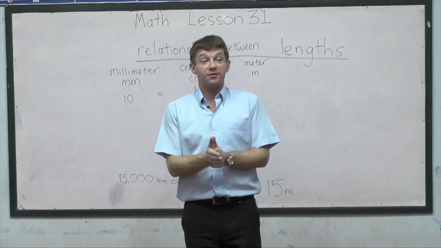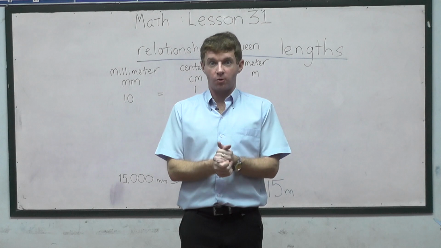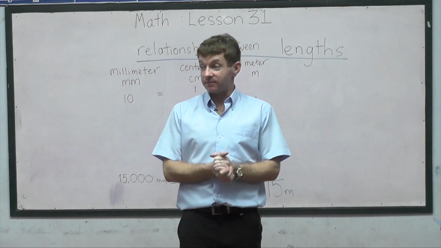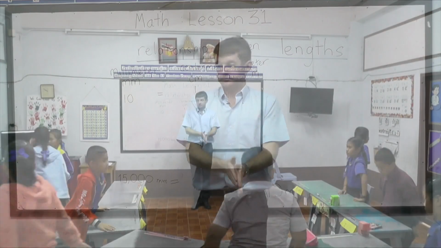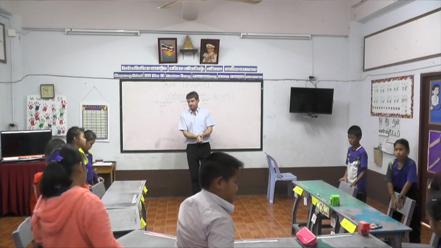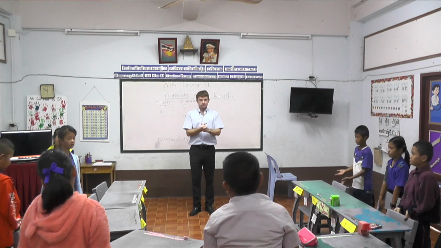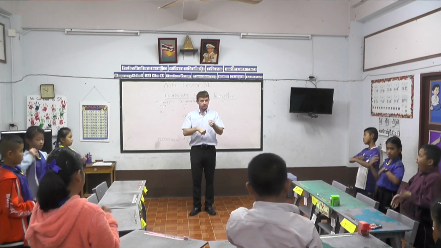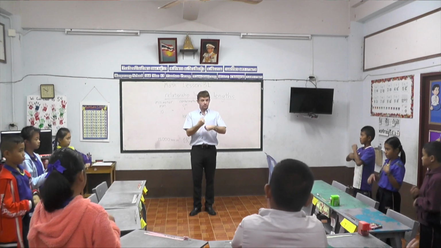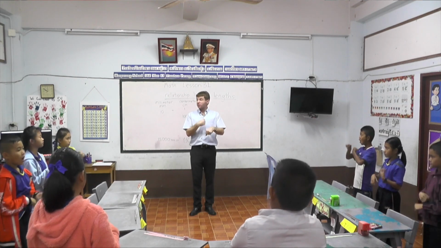Okay, so I think we're ready. But first of all, we need to do our stretch activity. So everybody stands up. And we'll begin by rolling our wrists, because we're going to do some writing.